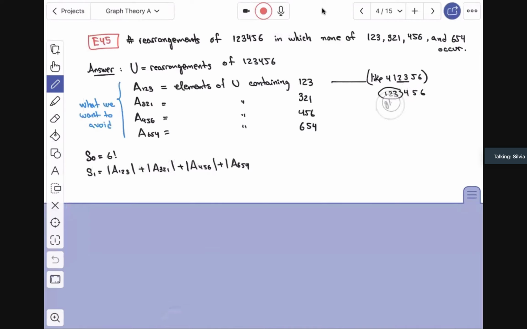So you glue this one. Now you have 4 symbols, and so it becomes 4 factorial, the number of rearrangements. Make sense? So the cardinality of A(1, 2, 3) is 4 factorial. You have 4 symbols, this one, right? 4 symbols.